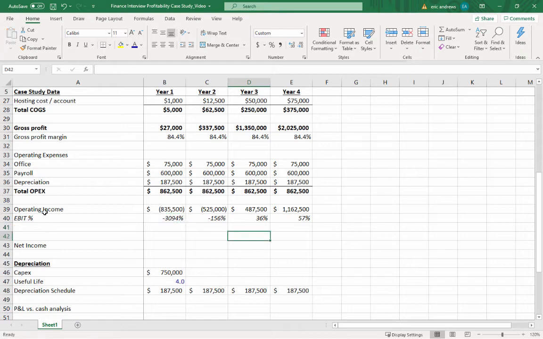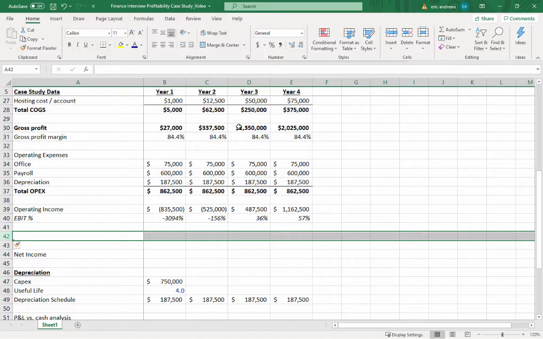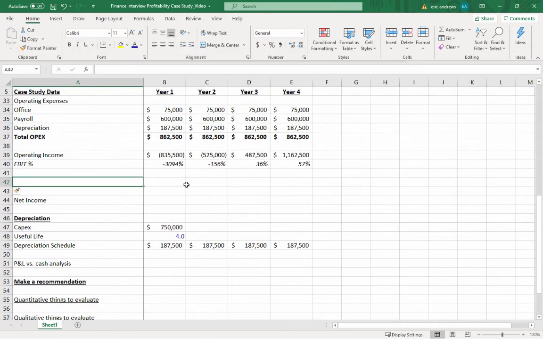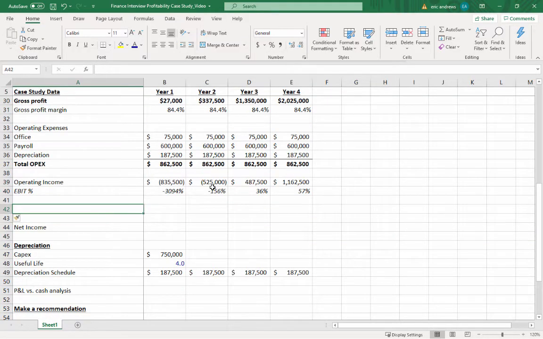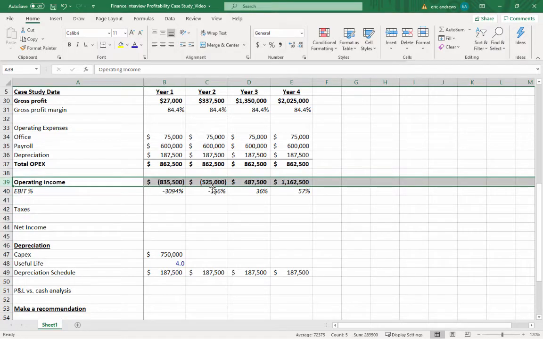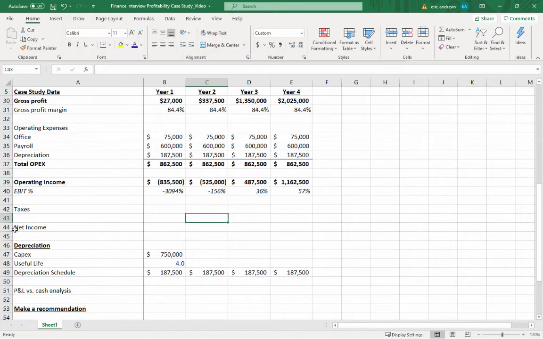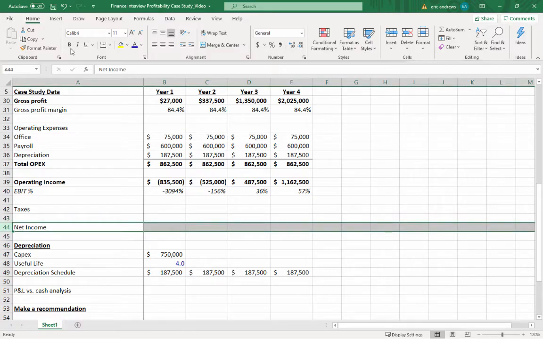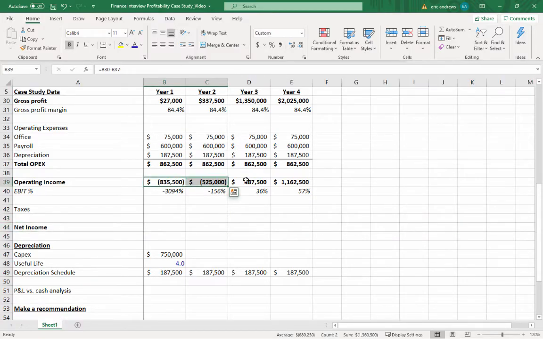And then finally, how do you get from operating income to net income? Well, assuming that you have no interest, the only other thing that would go in between those is taxes. If this was a standalone company, you would take these losses and use them to offset future profits. So you accumulate the losses here and use them to offset taxes for future profits.